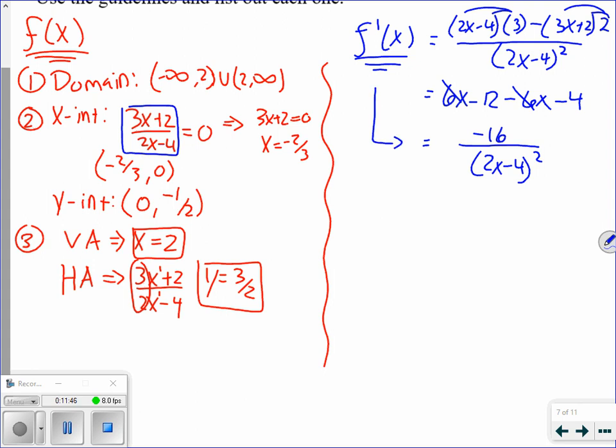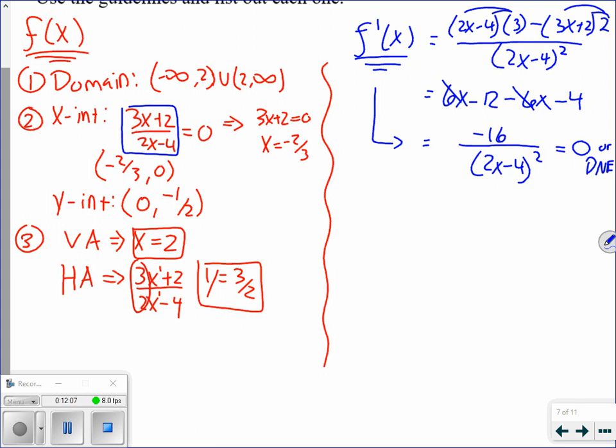Now, remember what we do with the first derivative and what we do with the second derivative is we're finding critical points and inflection points. We're finding where it equals 0. Or, I'm sorry, for critical points, 0 or does not exist. Now, it looks like there's no points that make this 0.